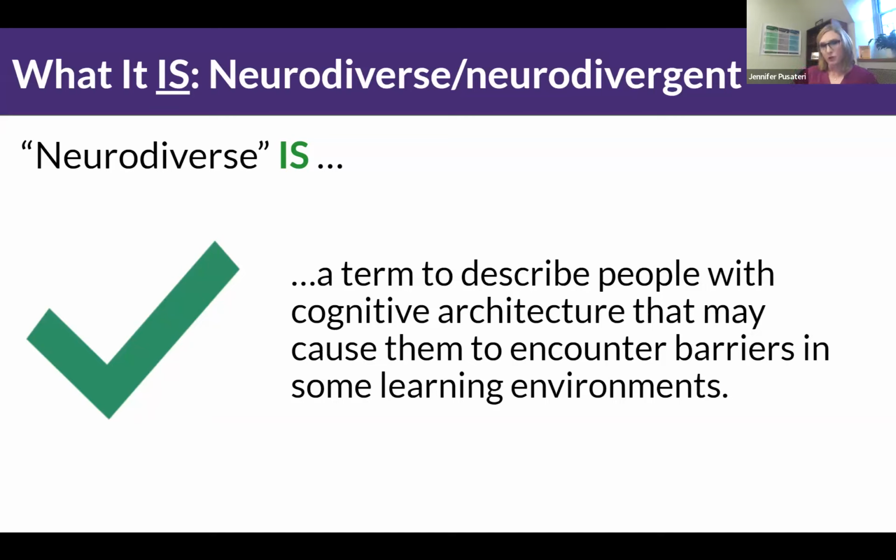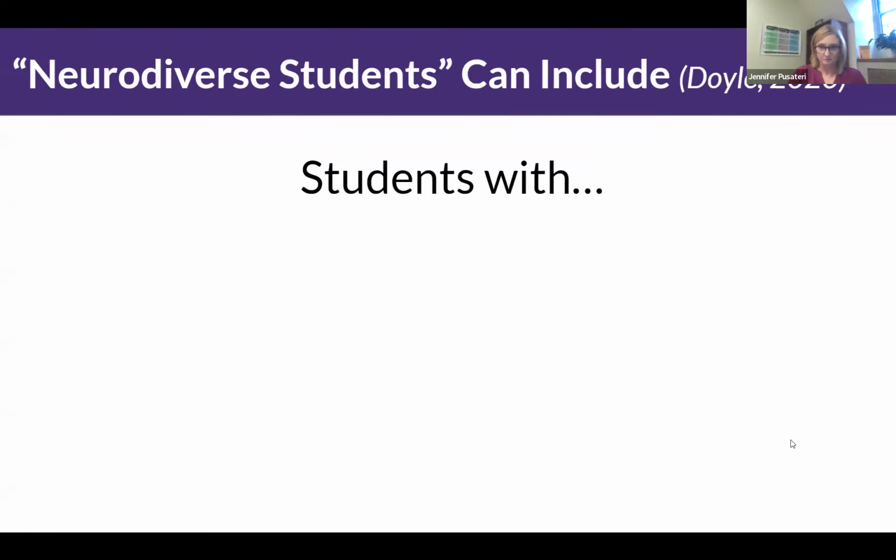And notice that I've said some learning environments. Depending on how you've laid your course out, how you've organized things, your class may actually be more beneficial for students that are neurodivergent. It just depends on what you've been proactive in planning for. So I wanted to clarify those two things really quickly.